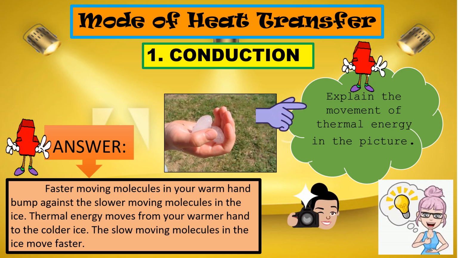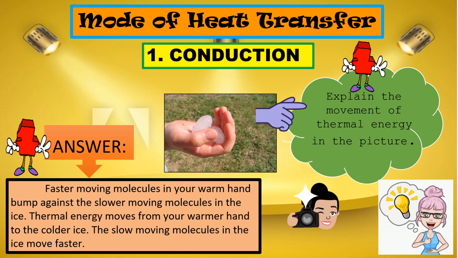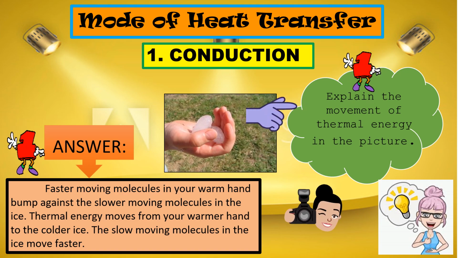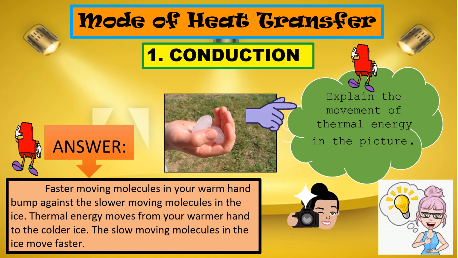So conduction happens because there is direct contact between your hand and the ice tube. So we know already yung hand natin is warmer, mas mainit. So the heat energy or thermal energy will transfer from our hands going to the ice tube. Kasi siya yung mas malamig, siya yung taga-receive ng init.